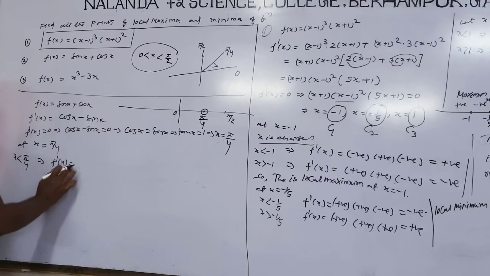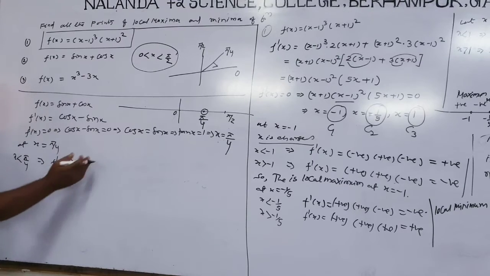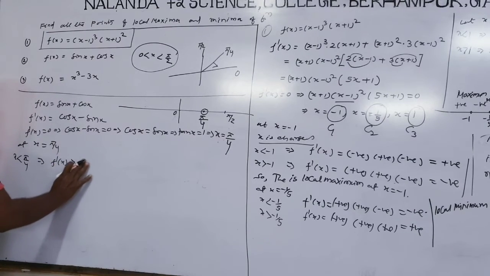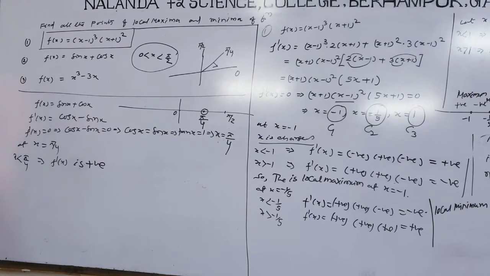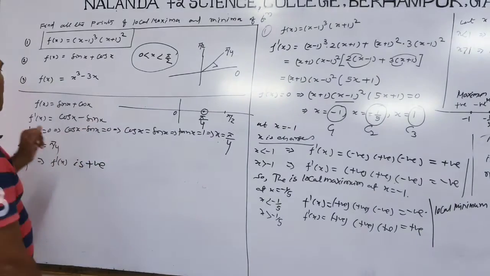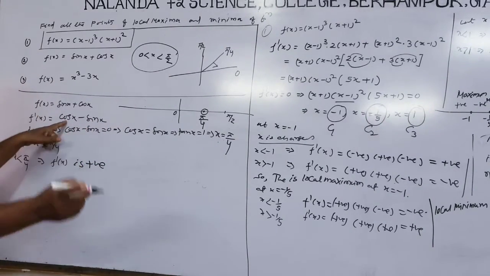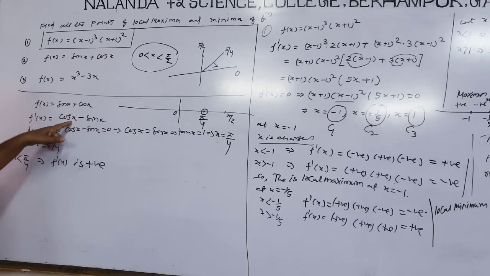This is positive. That means f dash x is greater than 0, f dash x is positive. Because let us say x equal to 30. What is cos 30?